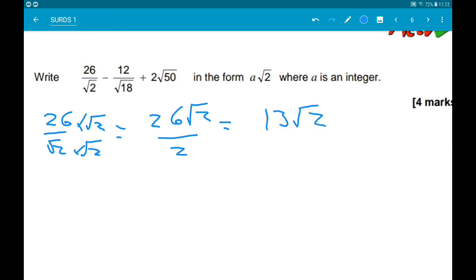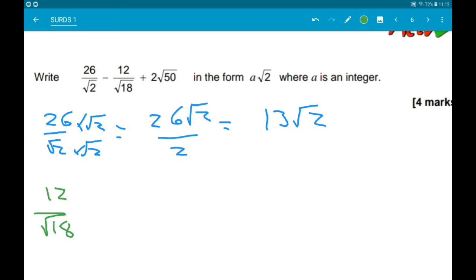Okay. Next up, 12 over root 18. Okay, now with this one, we can simplify root 18.